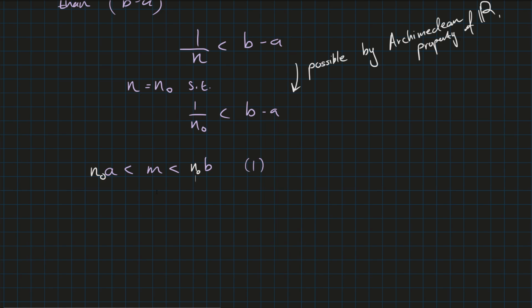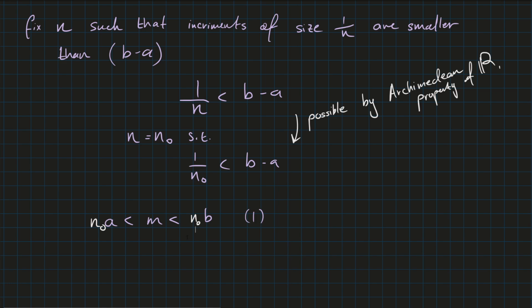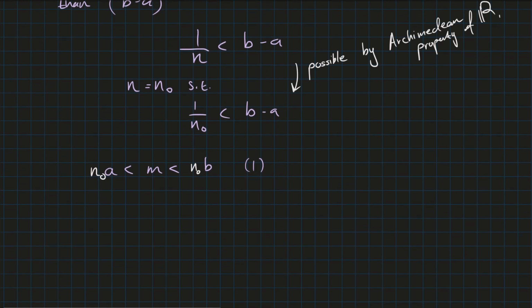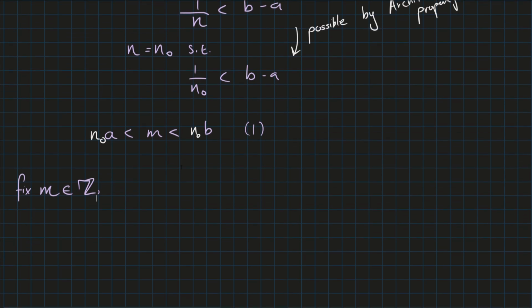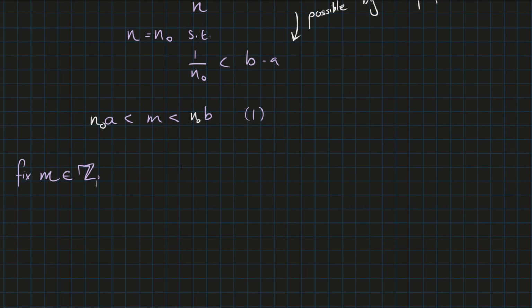Okay, so we now want to fix some m naught, and by fixing it, we want to make sure that this property is satisfied. So now we have to think about fixing m as an integer.